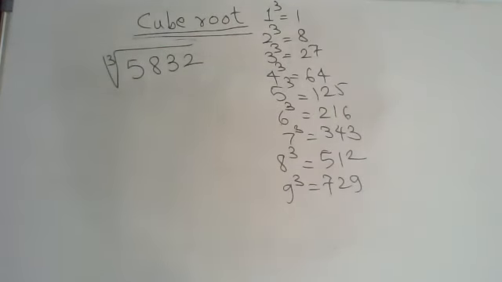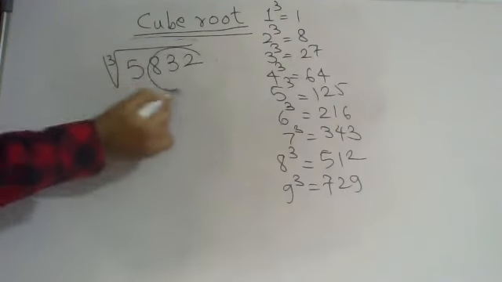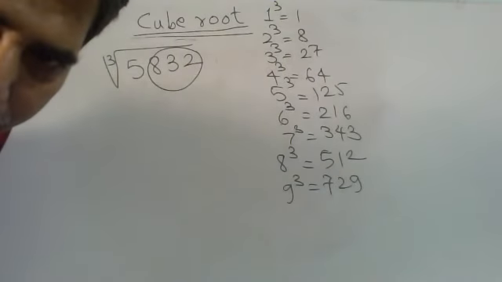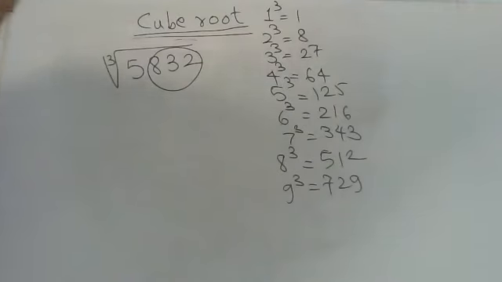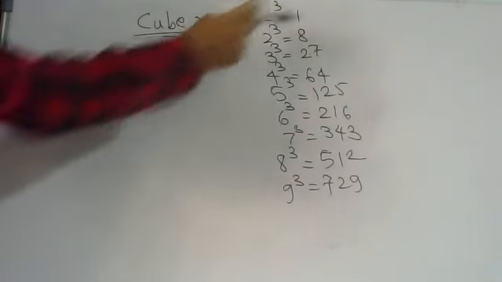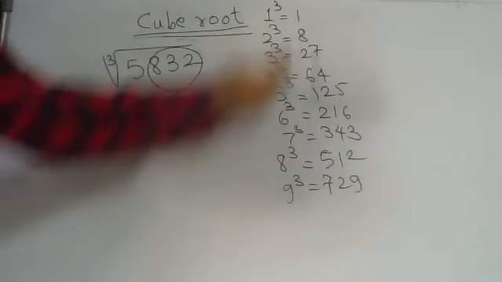Cube root of 5832. Leaving these three numbers, smaller than 5, here is only 1.